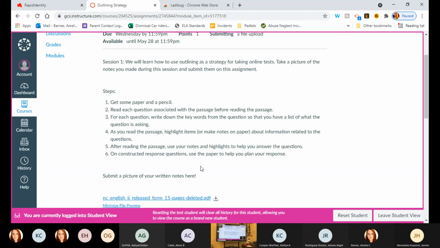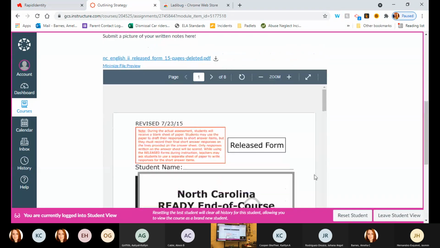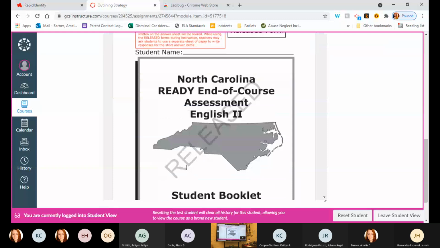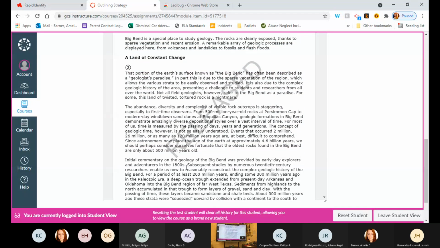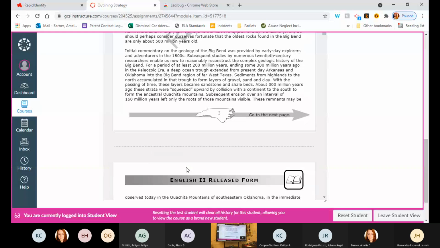Okay, so at the bottom of this page, we've got a copy of the released exam. It's not going to look exactly like the original, but we can practice the same outlining procedure. So I'm just going to open a document for now.